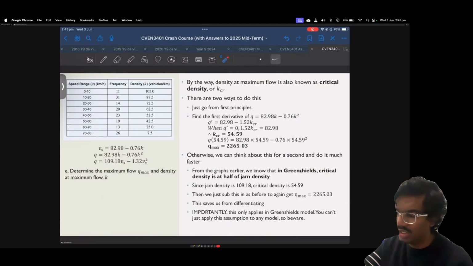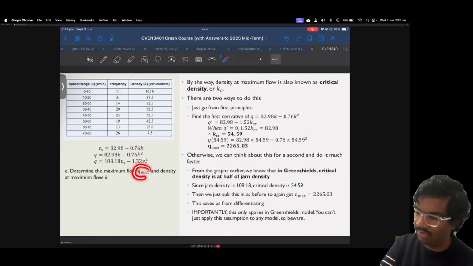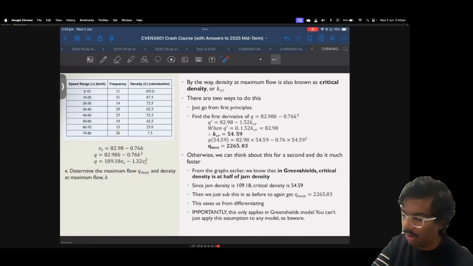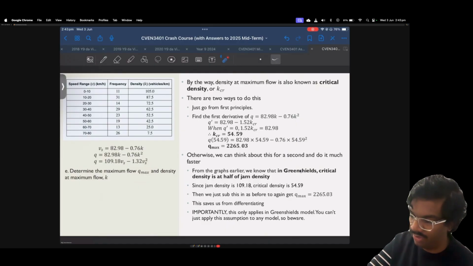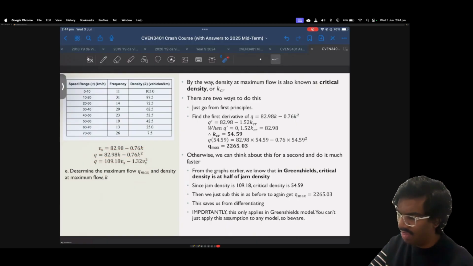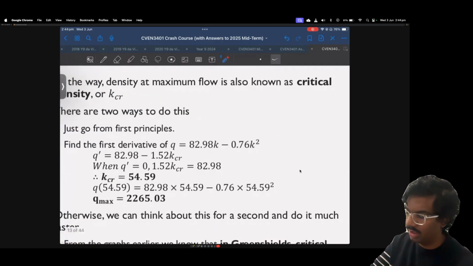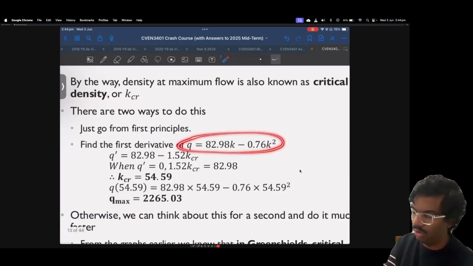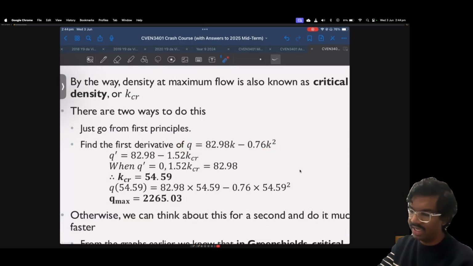Okay, so there's 2 ways to do this, okay? We're looking for maximum flow, all right? So we have maximum flow and the density at maximum flow. So we know that Q equals 82.98k minus 0.76k squared, okay? So the first way, it's just high school maths. We basically just want the maximum of this equation, okay? So the derivative is 82.98 minus 1.52 KCR.